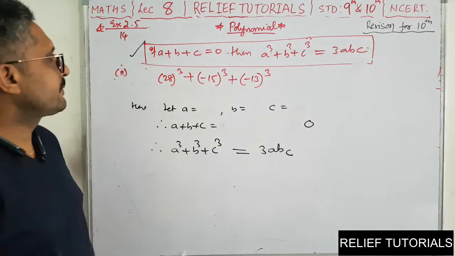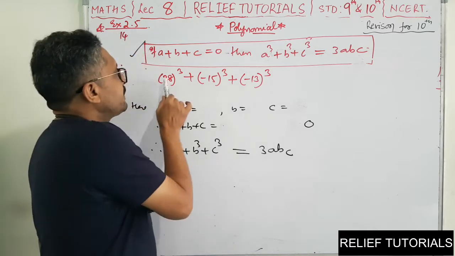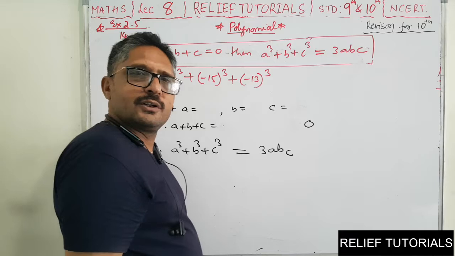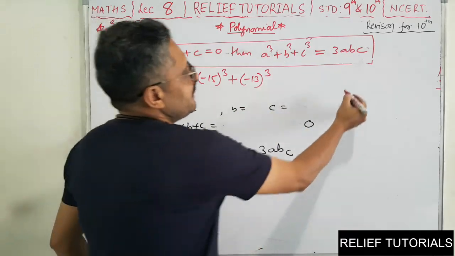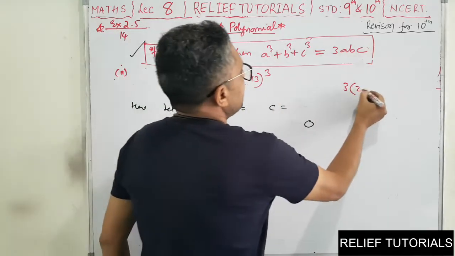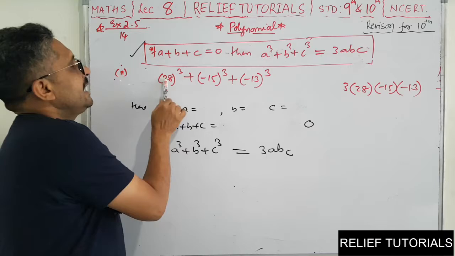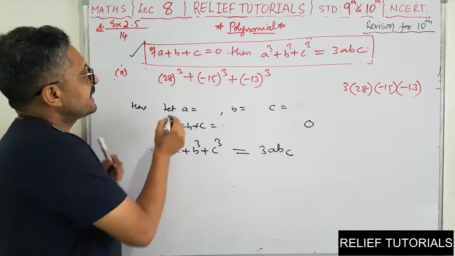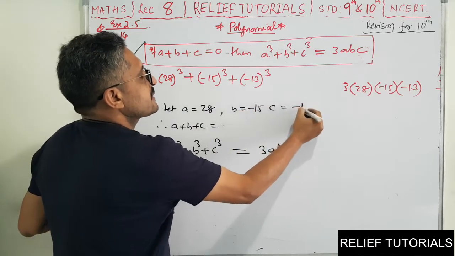So just you go minus 15 minus 13. Minus 15 minus 13 is minus 28, and plus 28, 0. So here a plus b plus c is 0. So a cube plus b cube plus c cube is equal to 3abc. So our answer will be 3 into 28 into minus 15 into minus 13. That is 3abc. Here we said let a is equal to 28, b is equal to minus 15, c is equal to minus 13.